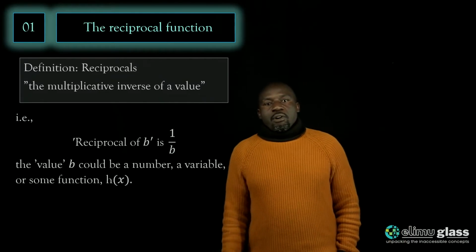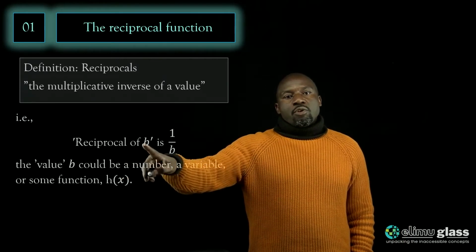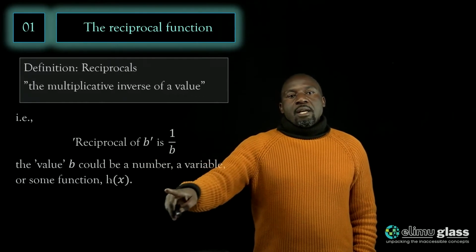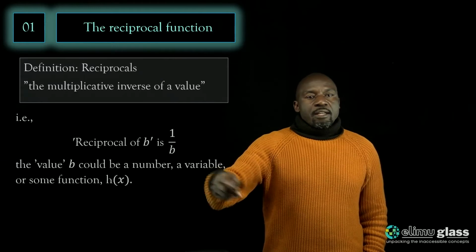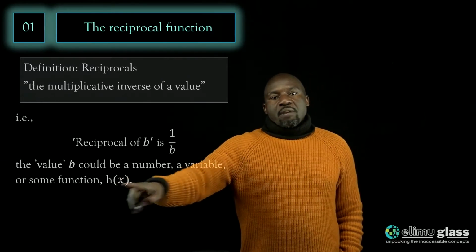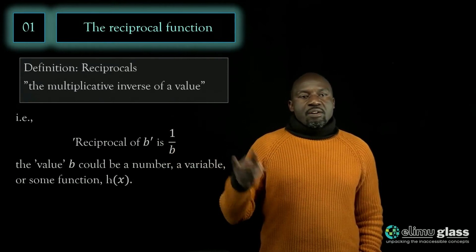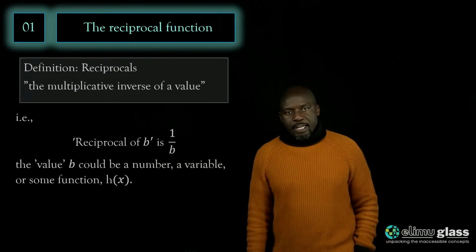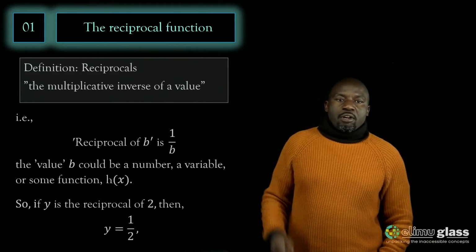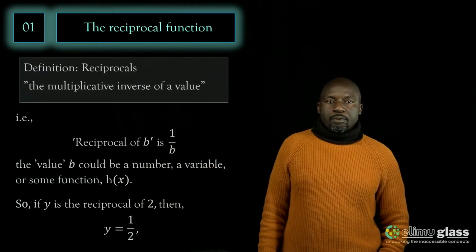All right, so the value of b could be a number, so it could be a 2, a 5, a square root of 3, all right? But it can also be a variable, x, or y, or z, or it can be a function. So it could be 1 over f of x, 1 over h of x, and so on, okay? Good. So if y is the reciprocal of 2, then y must be 1 over 2, okay?